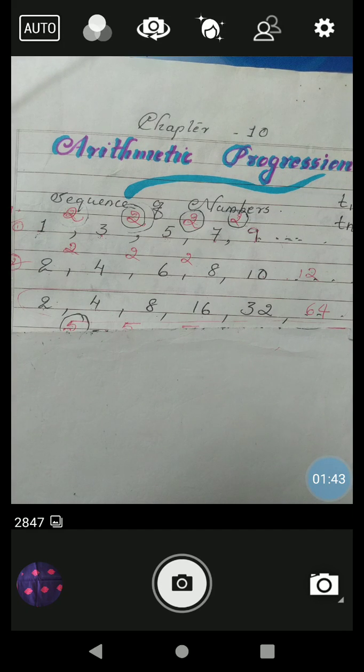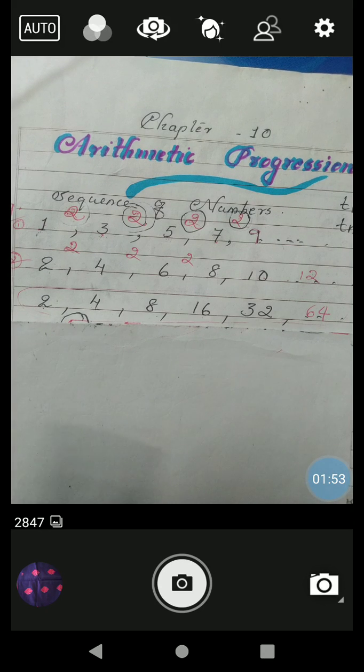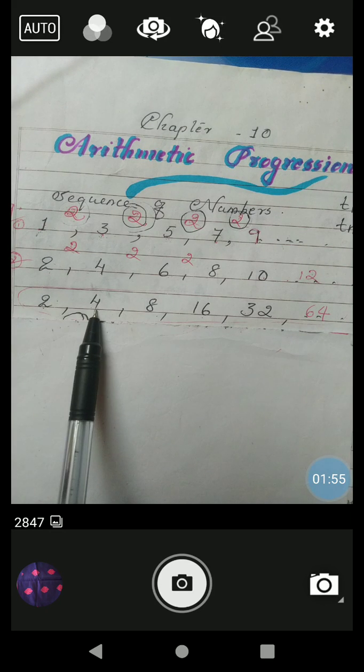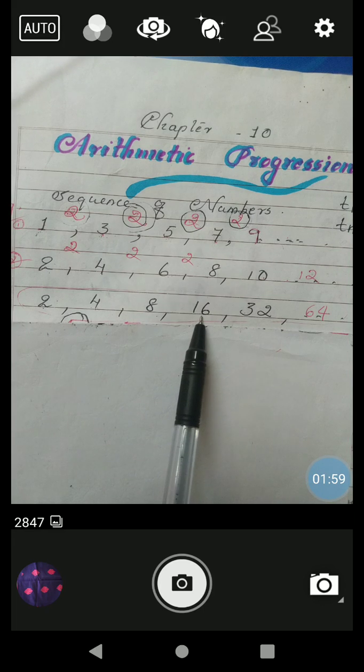And one more, you can see 2, 4, 8, 16, 32, etc. This sequence also follows a certain rule, because here the first number is 2, 2 into 2 is 4, 4 into 2 is 8, 8 into 2 is 16, like this.